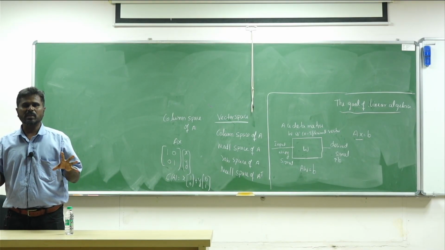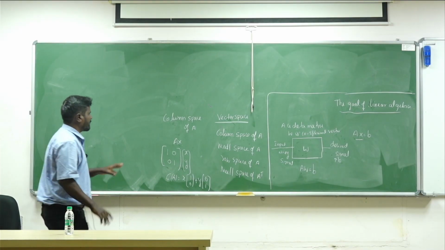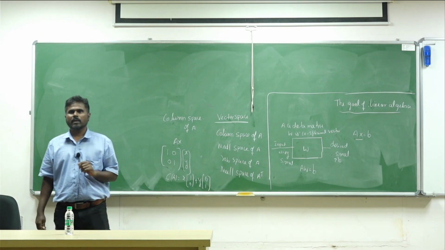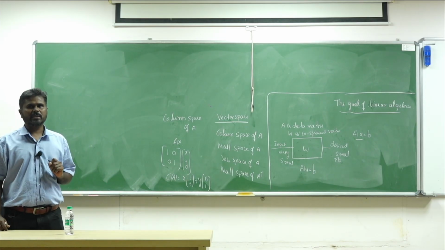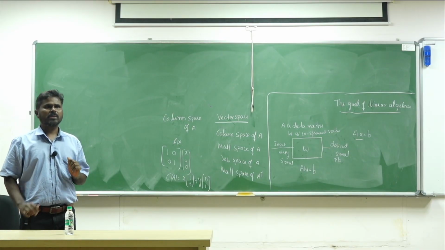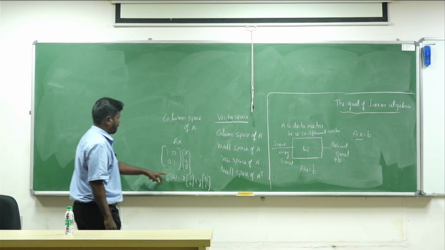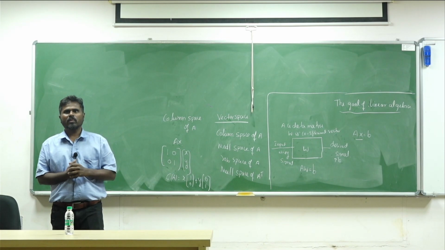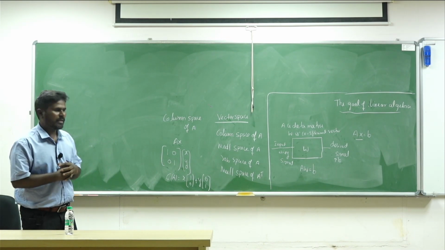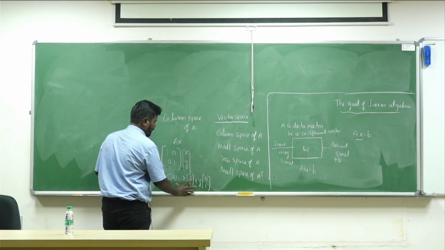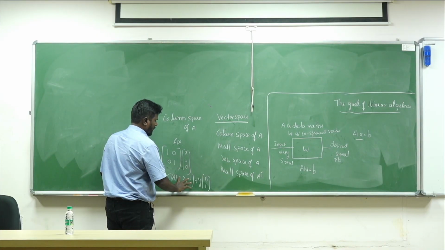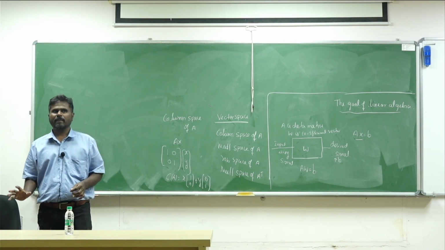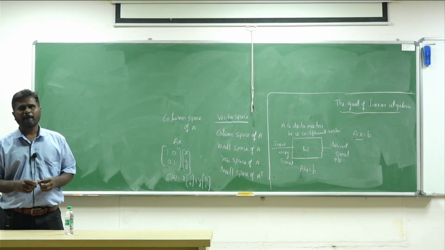Now you tell me, what is the column space for this matrix? If I take the linear combination of this vector, what is it that you are going to see? What kind of vectors do you see?